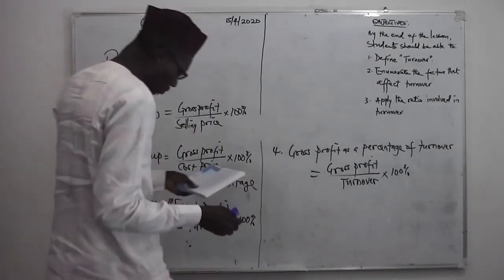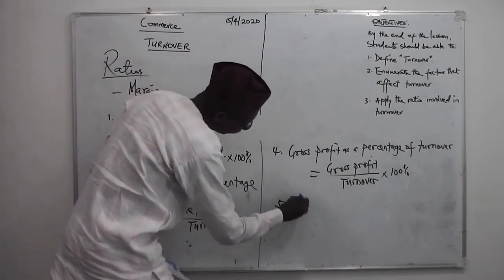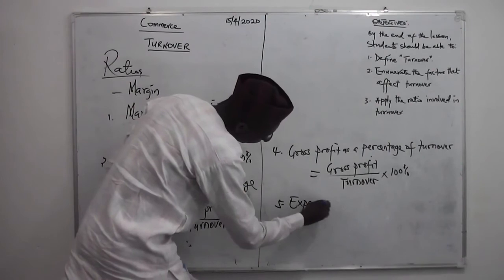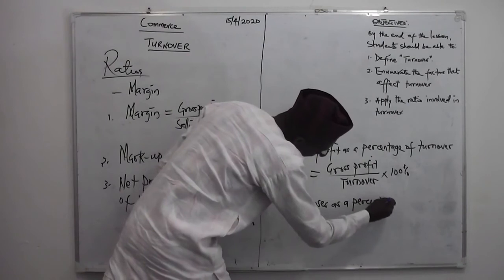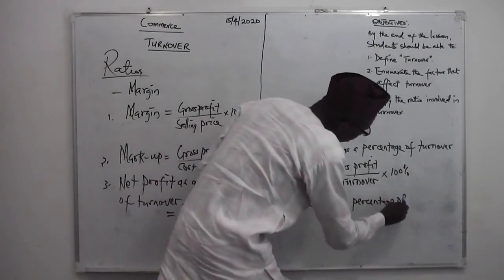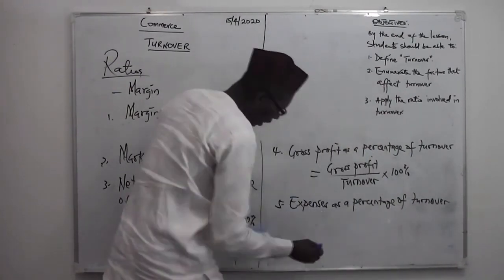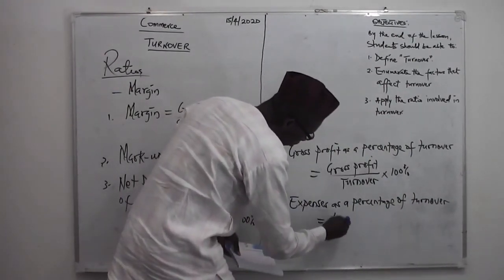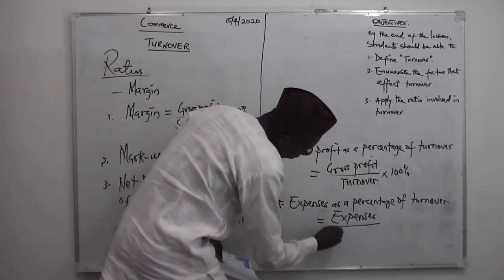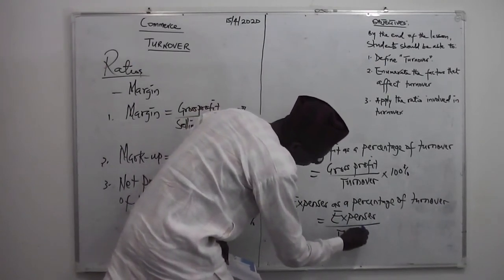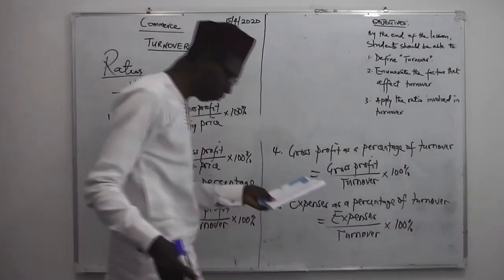Then finally, we have expenses as a percentage of turnover, and the formula is expenses over turnover times 100%.